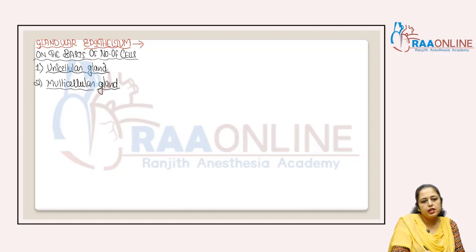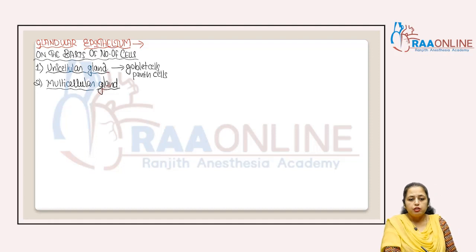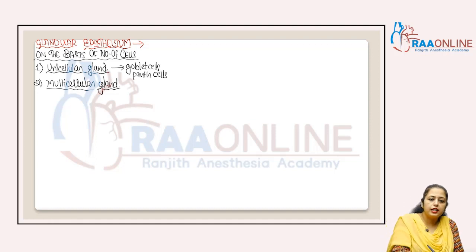Multicellular means they have multiple cells. Examples of unicellular glands are the goblet cells, the unicellular exocrine cells, and the Paneth cells which are present in the jejunum. Multicellular glands are the rest of the glands.